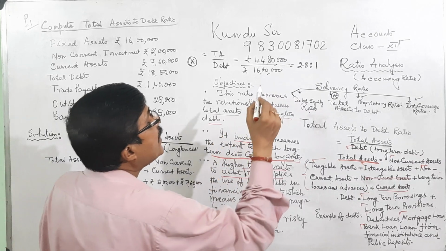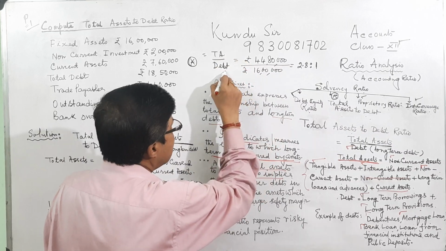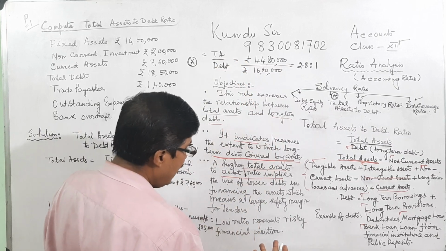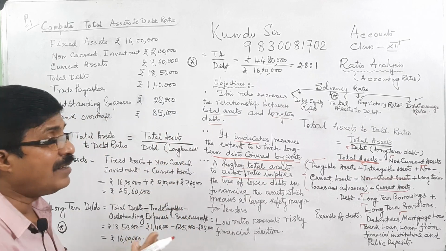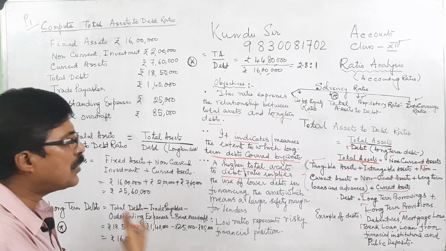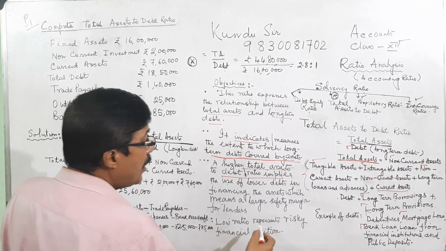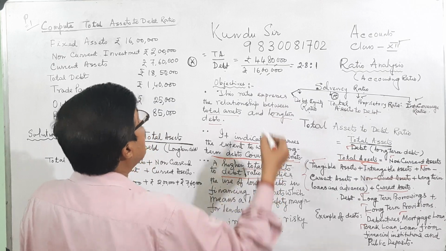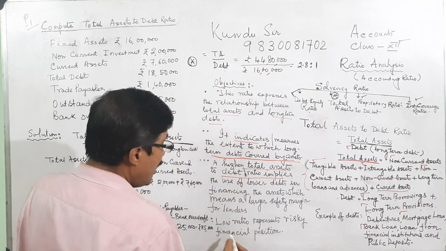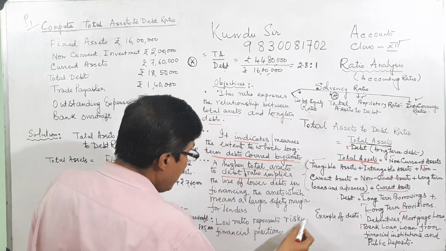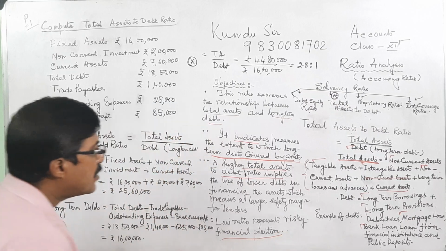If the denominator is more and the numerator is less, the ratio is lower, indicating risk. A higher ratio indicates safety for the lenders who are lending money to the company or organization. But a low ratio, when the denominator is more and the numerator is less, represents the risky financial position of that organization.